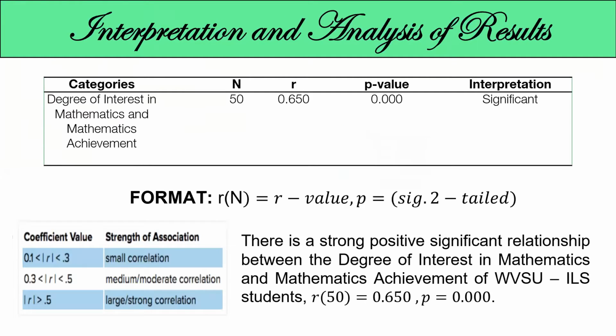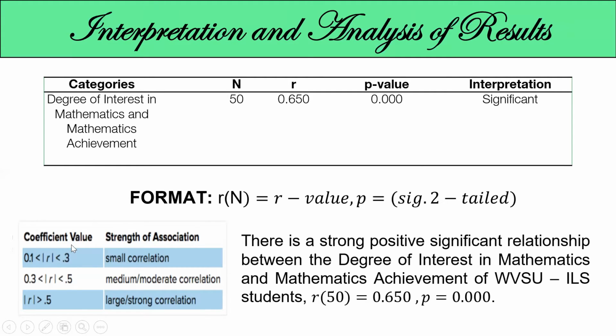So what's the format? r of N is equal to the r value, comma, p is equal to the significance two-tailed. That's r(50) = 0.650, comma, p = 0.000. So you substitute N with 50, the r value, and then the significance two-tailed with 0.000.